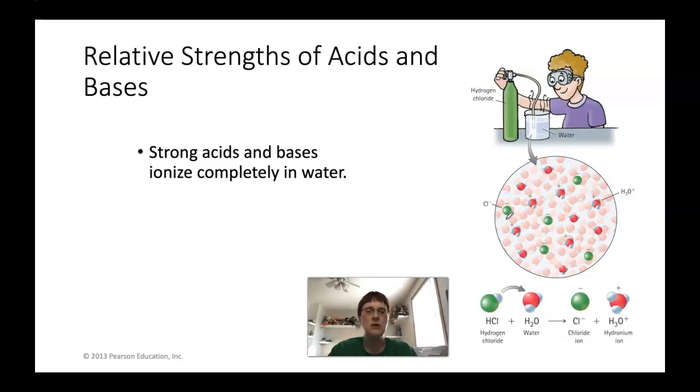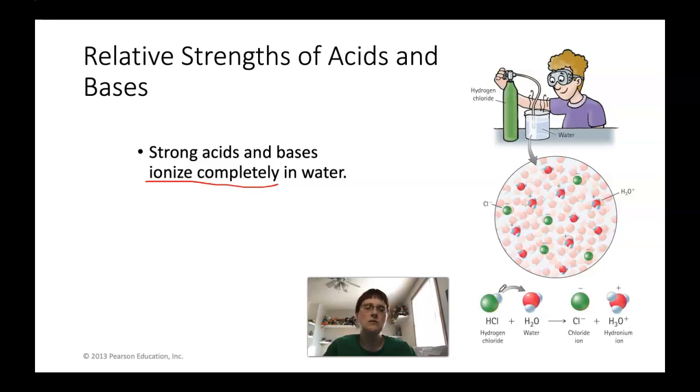It's going to donate protons, but it is considered a strong acid because it's going to completely ionize. So what does this mean? Well, if you look in here, every single one of these chlorines has given up its hydrogen. That's what we mean by completely ionize.